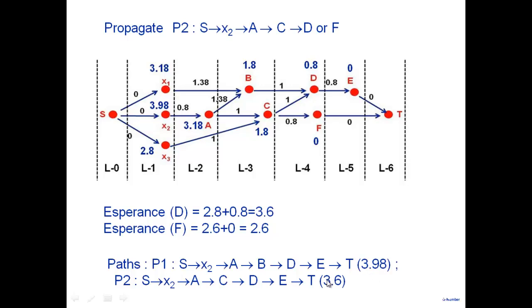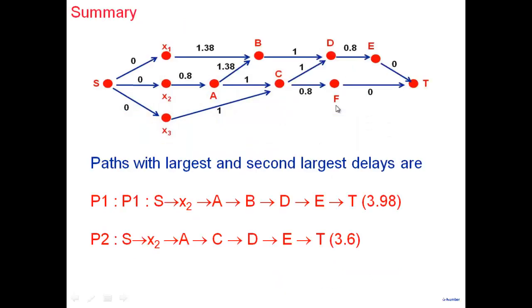So the top two paths are here. And so what we end up with is the following. The paths with the largest and second largest delays are P1, which goes from S to X2 to A, B, D, E here, and A, C, D, E. So these are the two: the critical path, and this is the subcritical path.